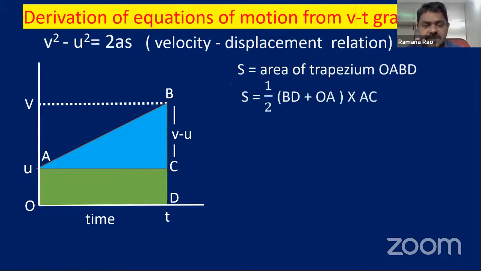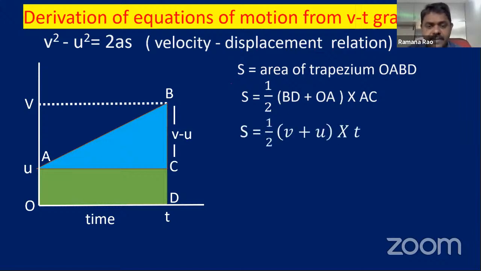The formula for the area of a trapezium is half into the sum of the two parallel sides, BD plus OA. You can see in the diagram, BD is one side and OA is the other parallel side, into AC. AC is the perpendicular distance between the two parallel lines.